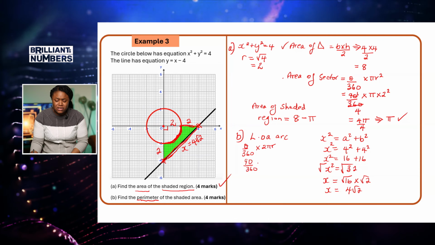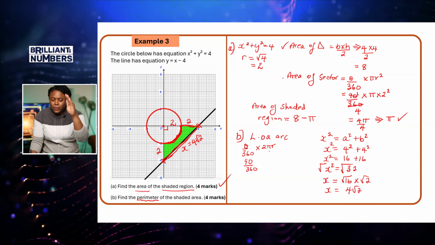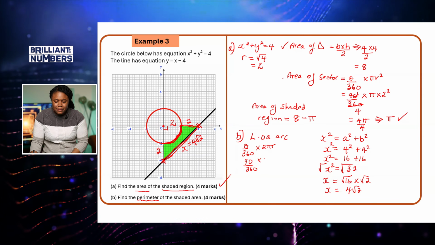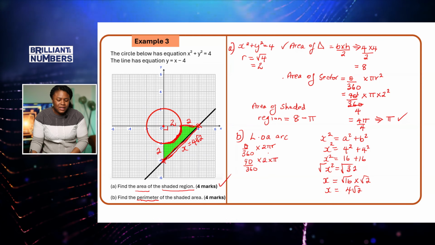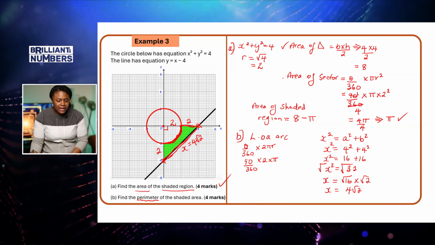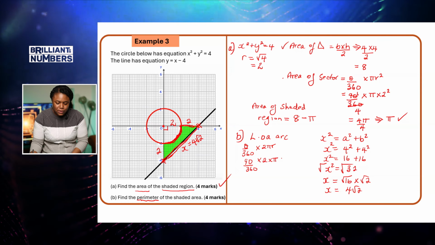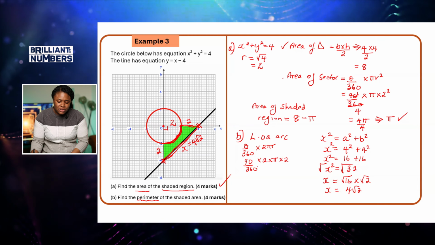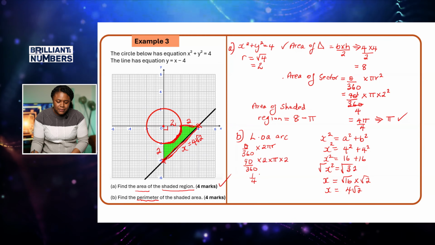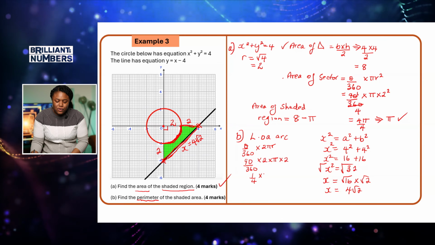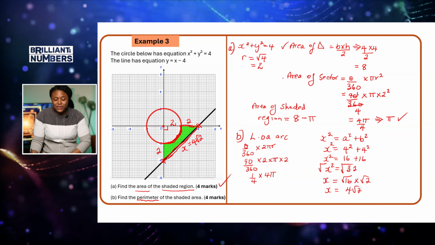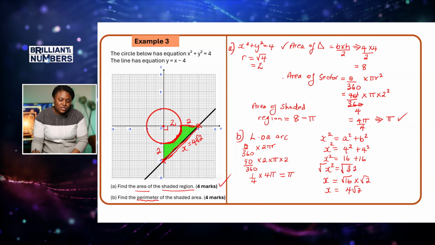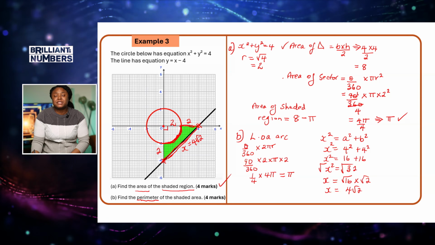I could have just quickly done a quarter because now I know from the question before that 90/360 is a quarter, multiplied by 2 times pi times my radius, which I had gotten there to be 2 as well, times 2. So simplifying, I know this is a quarter, so a quarter multiplied by 2 times 2 is 4, 4 pi. Again, if we simplify this, we are going to only get pi for the answer. So I know the length of the arc is pi.